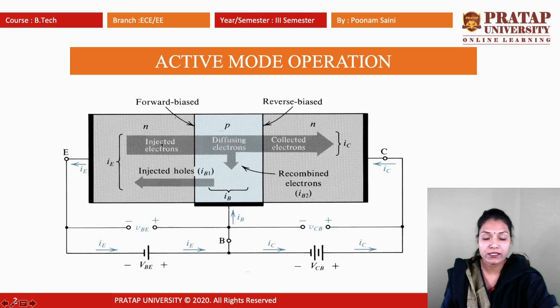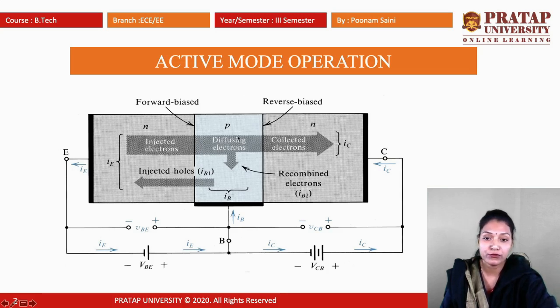In the emitter there are injected electrons, in the base there are diffusing electrons, and the collector collects electrons. Simplifying this diagram, the injected holes go towards this side as IB1 and recombine with electrons in this P region. So this is an NPN transistor.